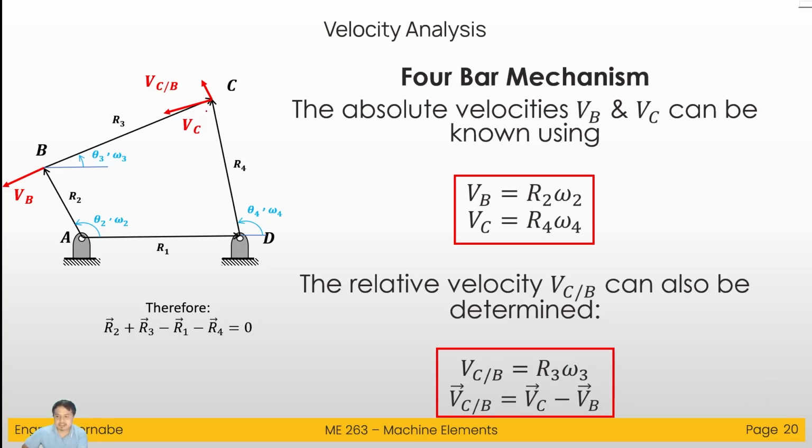VCB is the linear velocity of link 3. If this is rotating here, it will have a velocity at this point pointing to that direction. I think it's best to just use this, but if you want to use the other, it's fine, though it will take a little bit longer. So I'll just use this one here. For its angular velocity, you can find its linear velocity.